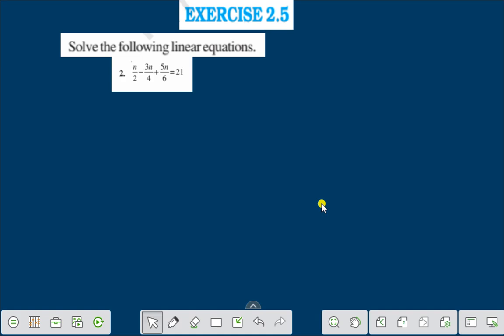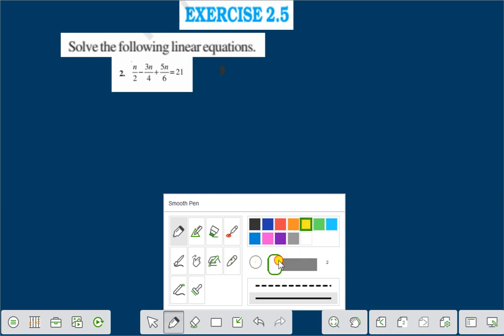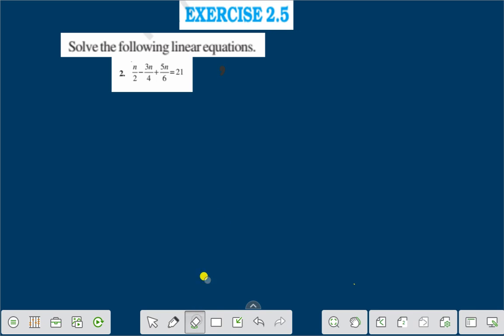Solve the following linear equations. Question number 2 is n by 2 minus 3n by 4 plus 5n by 6 is equal to 21.